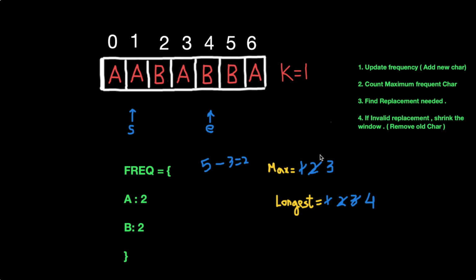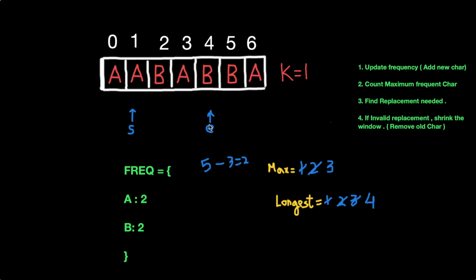It will rebalance itself, so you don't have to worry about it. It will always give you a reliable result. In that way, I'll just keep our maximum count till now, so I don't have to recompute by going through the frequency and finding the maximum frequent character. It will make our algorithm more performant. Okay.